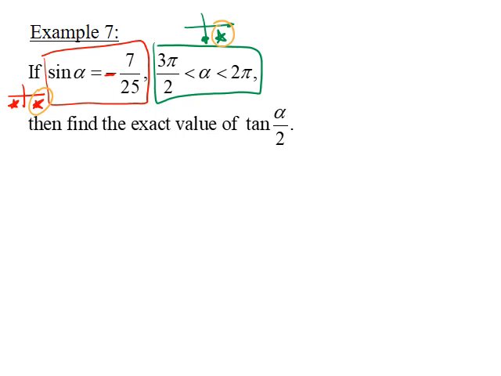Okay, so in quadrant 4, let's draw our triangle. This is alpha. I'm going to use the information given to me by sine. So in this, I know one of these is 7. This is 25. One of these has to be negative, and it's never the hypotenuse.